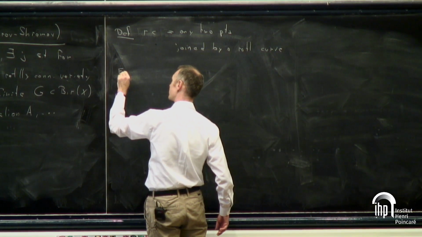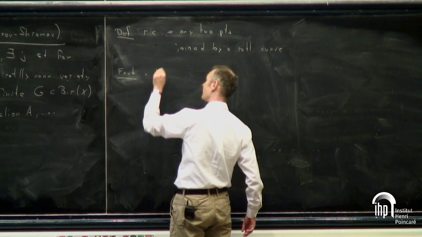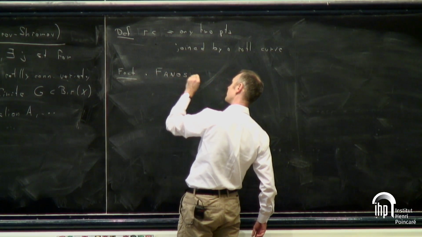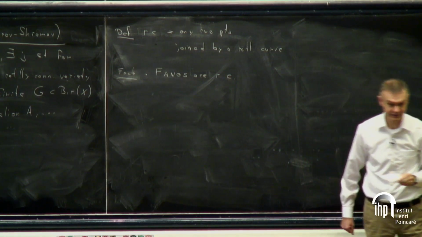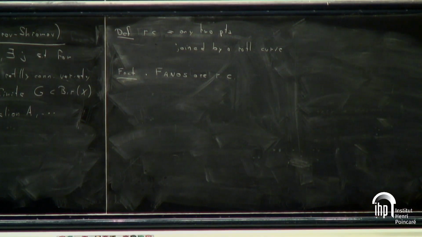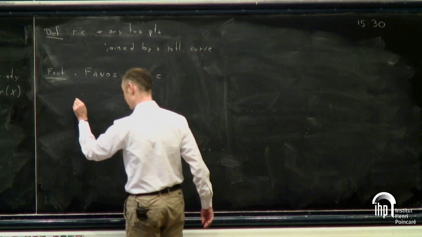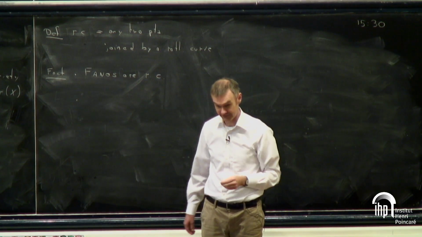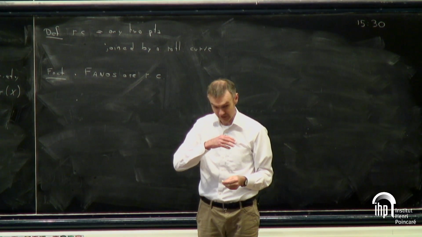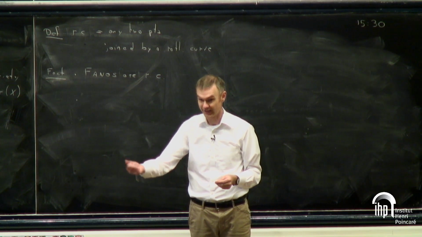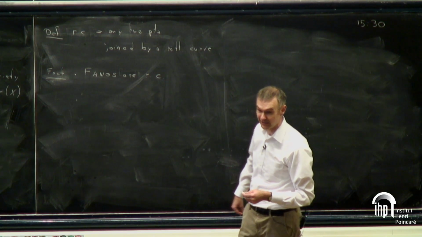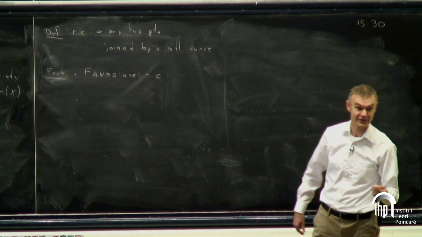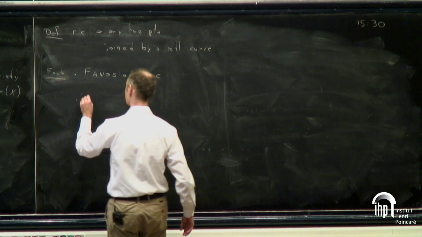And important facts to remember are that Fanos are rationally connected. This comes out of Mori's work, and I will say a word about this near the end of the talk. And also there's the classical Lüroth theorem that tells us that the image of a rational curve under any map is either a point or again a rational curve. So that implies pretty immediately that images of rationally connected varieties are rationally connected.